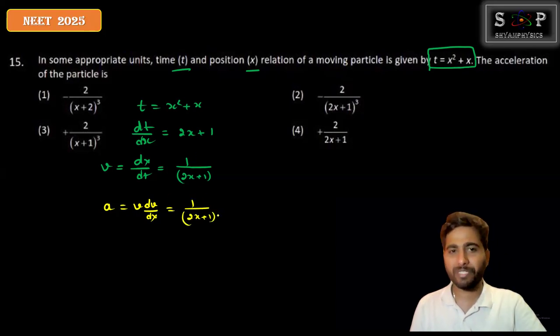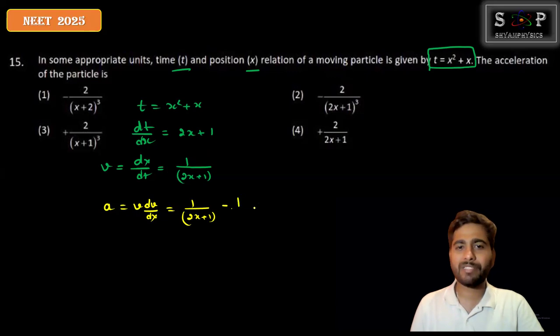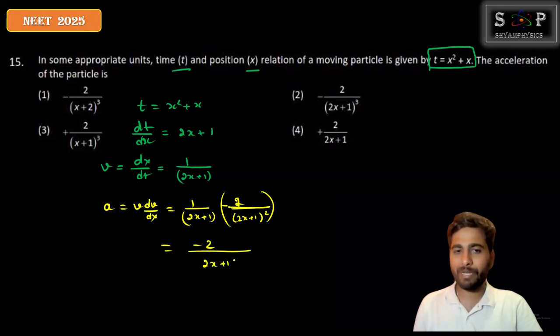We need to differentiate, so I'm differentiating: minus 1 by (2x plus 1) whole square, and then the differentiation of 2x is 2. So we'll get minus 2 divided by (2x plus 1) whole to the power 3. So the correct option is option 2.